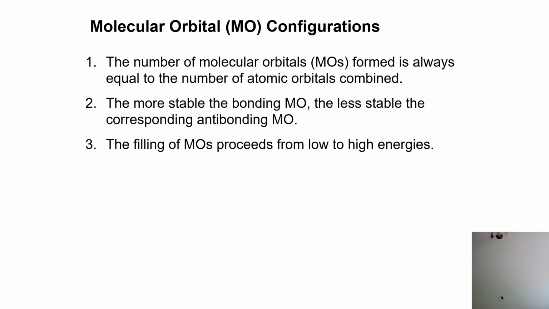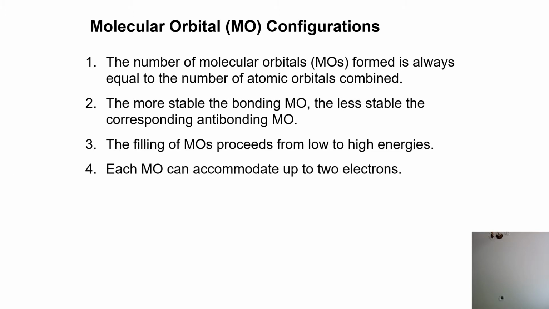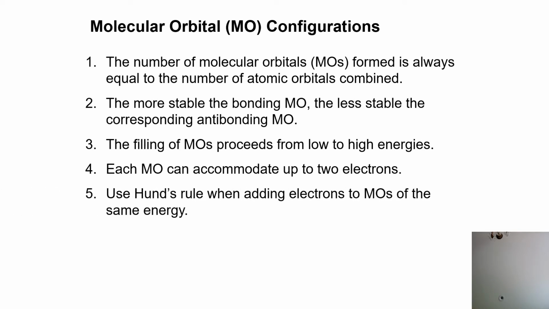We're going to fill molecular orbital diagrams from low energy to high energy. So bonding orbitals are going to fill before anti-bonding orbitals. Same as filling an orbital diagram. Each molecular orbital can accommodate up to 2 electrons with opposite spins. We are going to use Hund's rule when adding electrons to molecular orbitals of the same energy.